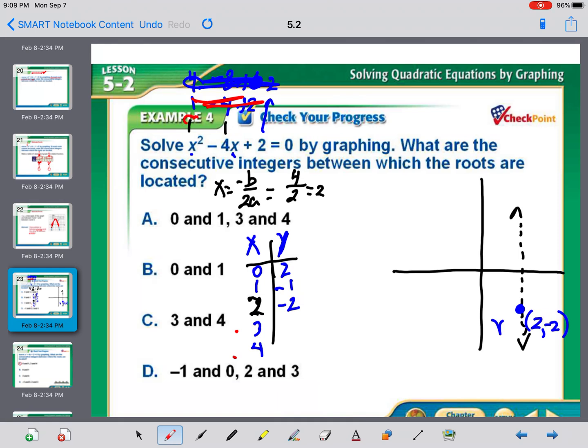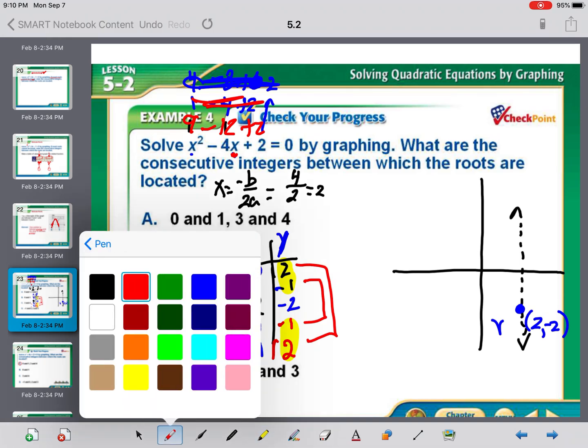So if I come back then and do the other two x's, 3 and 4, if I put in 3, that's 3 squared, which is 9, and put in a 3 here, it's negative 12 plus 2, and so I get a negative 1, which doesn't surprise me because I know those are going to match, and I know those are going to match, so I know that's going to be a 2. And I could check it if I wanted to be absolutely sure.